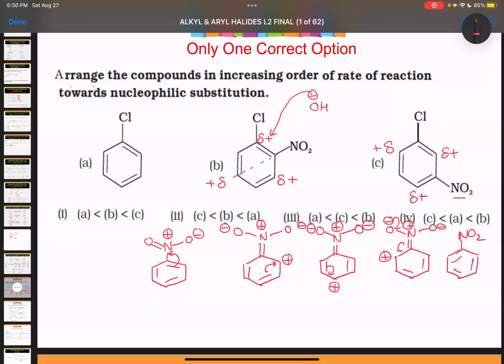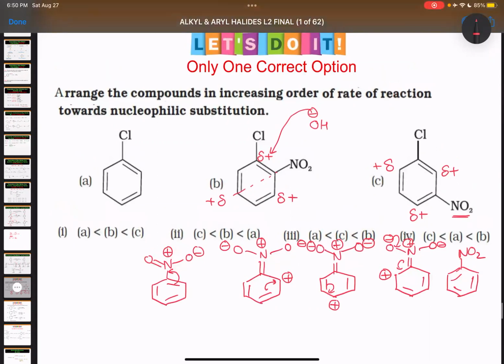But here you have an NO2 group that is not properly placed. It is bringing in the positive charge, but the positive charge is not at the position where the Cl is connected, where we are doing the reaction. So it is not going to increase the rate of the reaction to much extent.